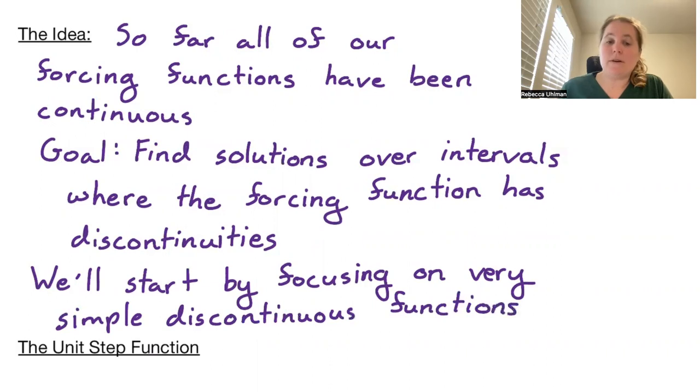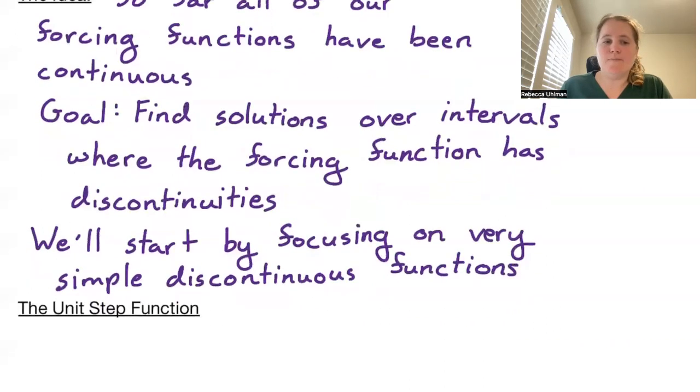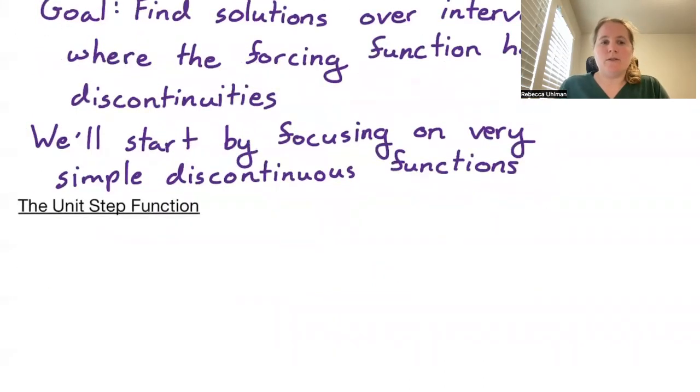So the first ones we'll look at are called unit step functions. And the unit step function is just a piecewise defined function, which is 0 up to a point, and then it becomes 1.